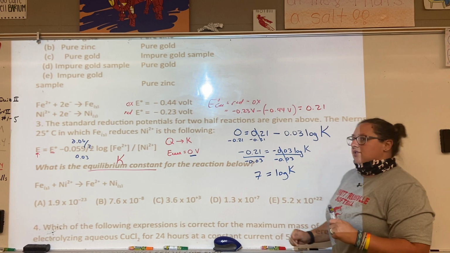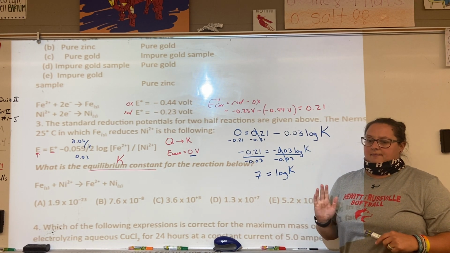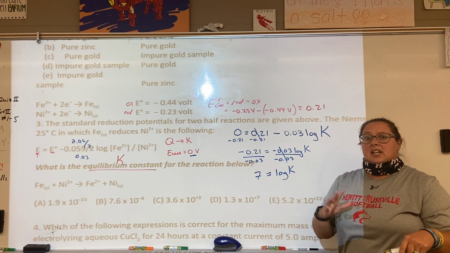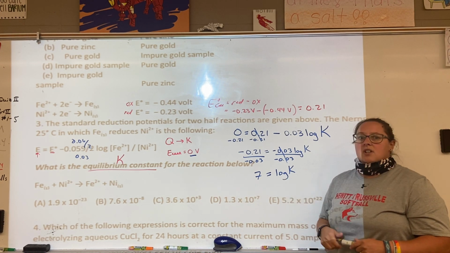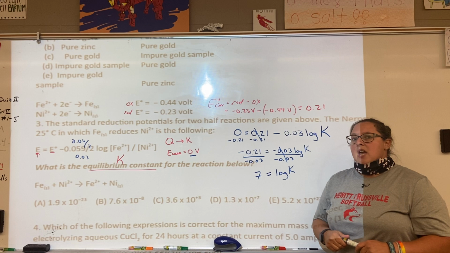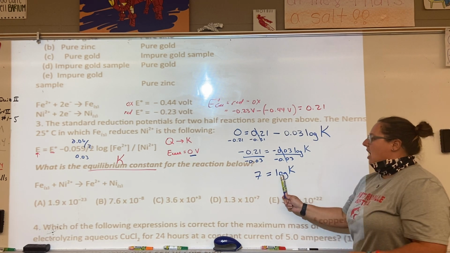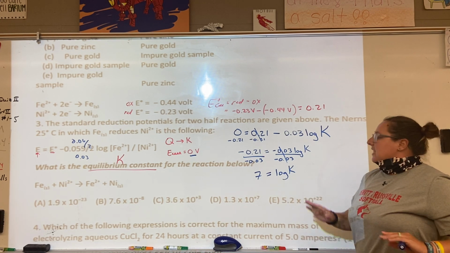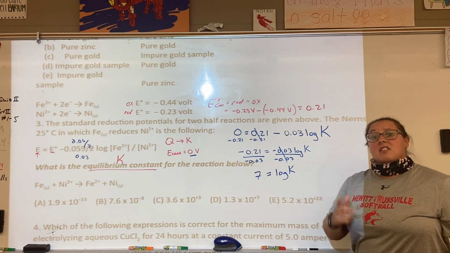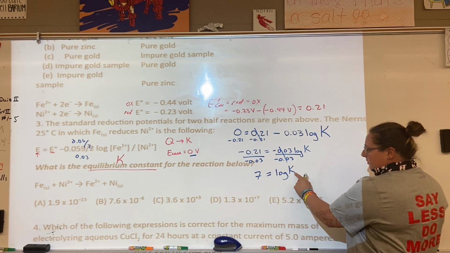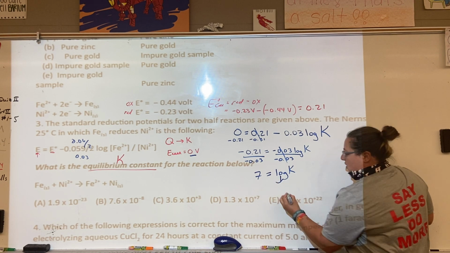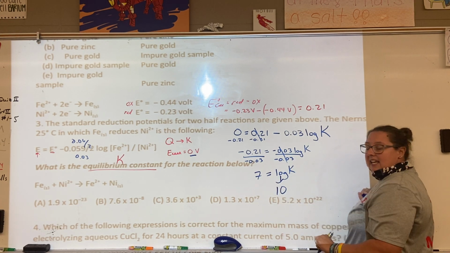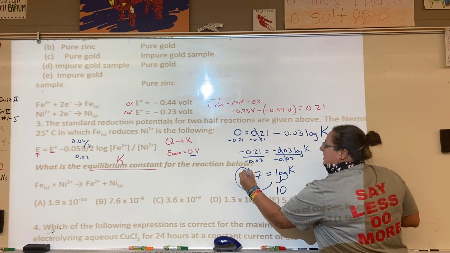Now, a lot of you juniors were in quarantine and all of that stuff. That's when school got canceled last year, so you don't really know much about the log functions yet. But what you should know is that log is 10 based. And so if I want to get rid of log, this is what I do, because I want to get K by itself. Log is 10 based, so I turn log into 10, and then this is how I learned it.